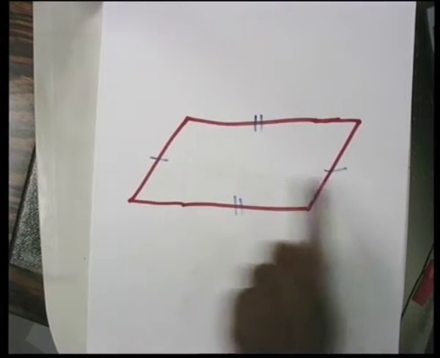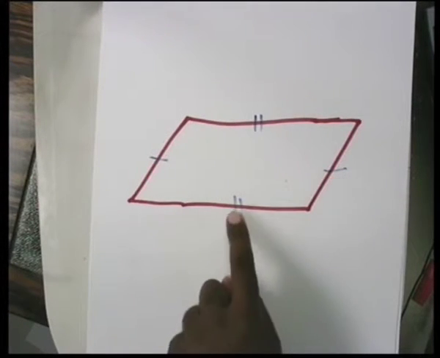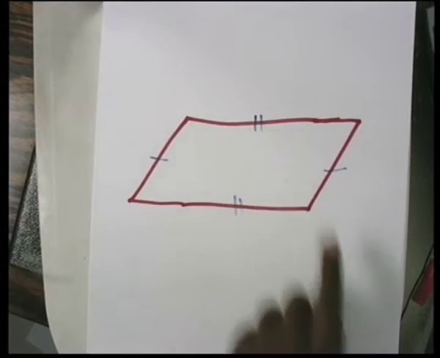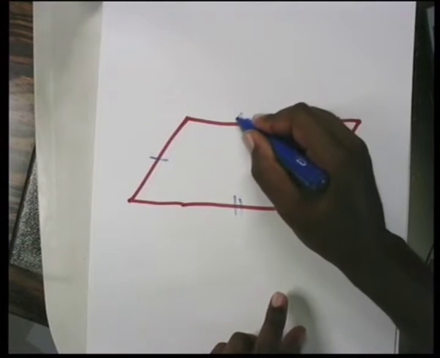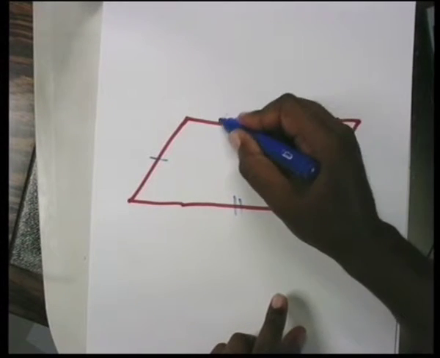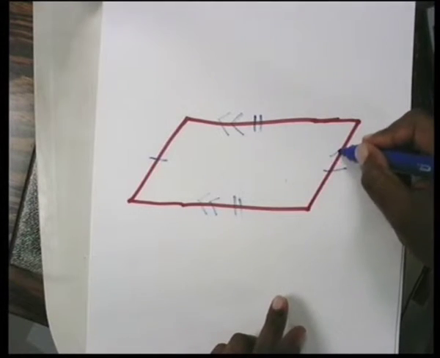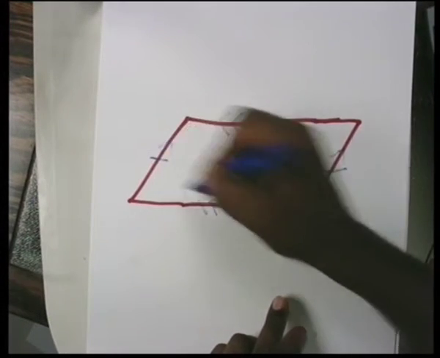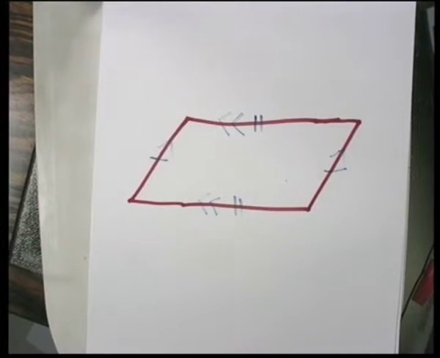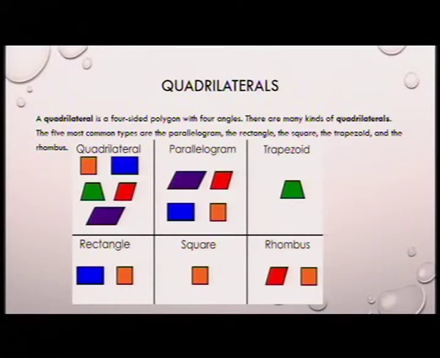So this side is equal to that side, and this one is equal to that one. And you can also say that this side is parallel to this one, and this side is also parallel to this one. So in other words, they will never cross. That is one of the great properties of a parallelogram, that you can distinguish from the other quadrilaterals, for example, and so on.